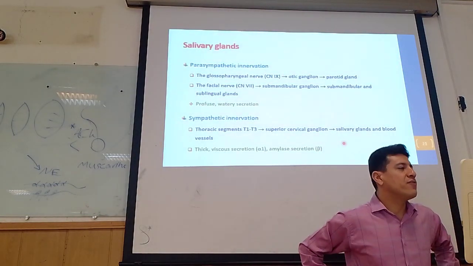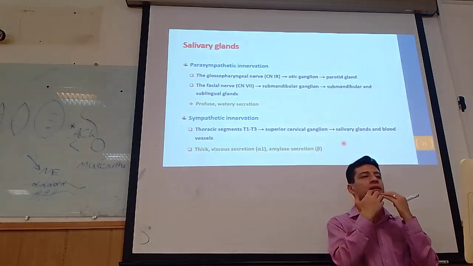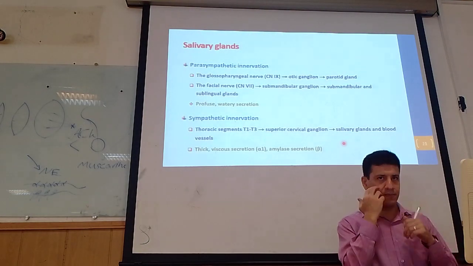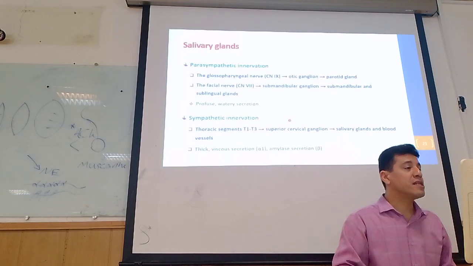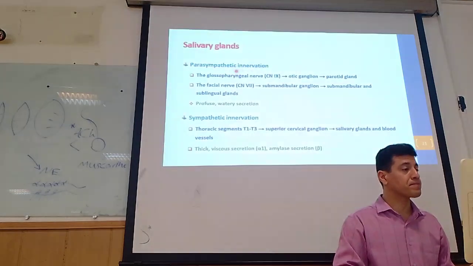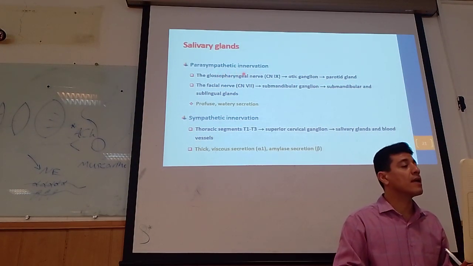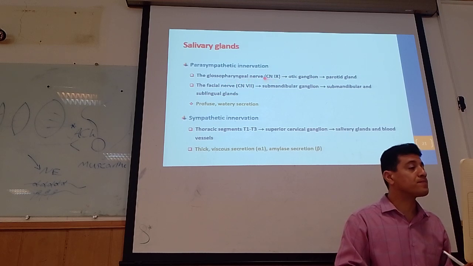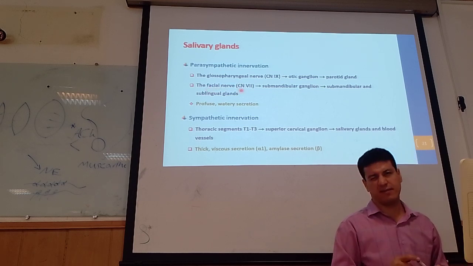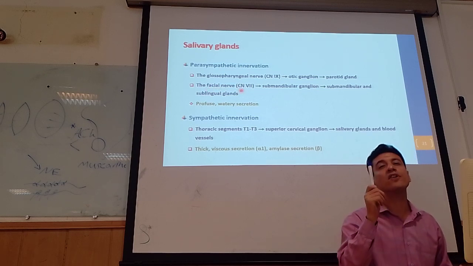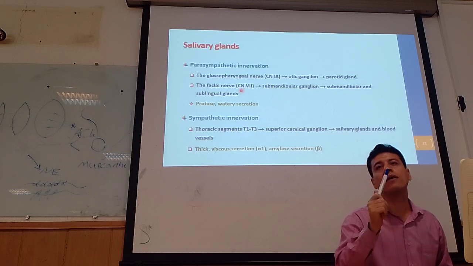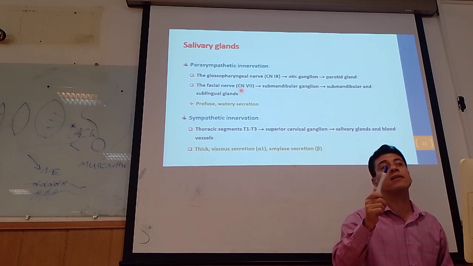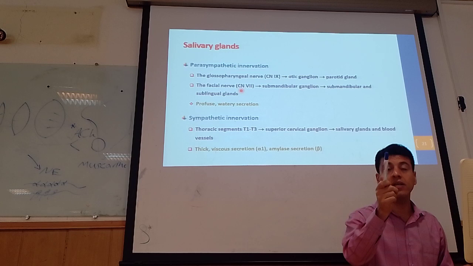So, salivary glands. In the mouth, they secrete saliva. Parasympathetic innervation occurs through nerve number 9, glossopharyngeal, and nerve number 7. Remember that nerve number 7 was associated with the superior salivatory nucleus.